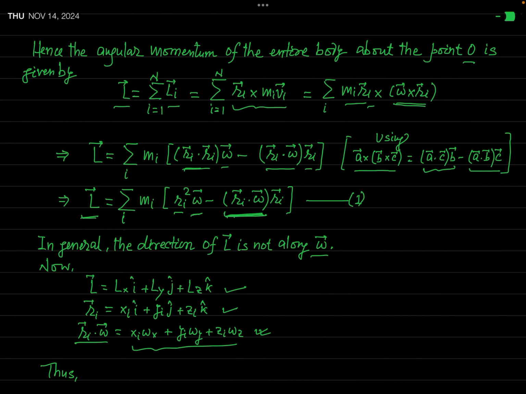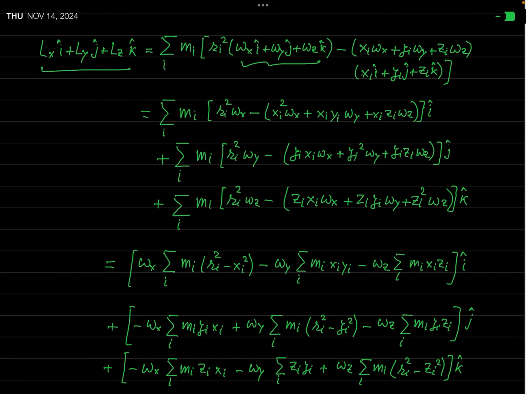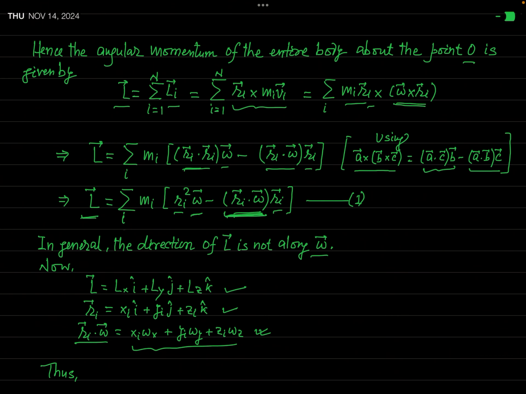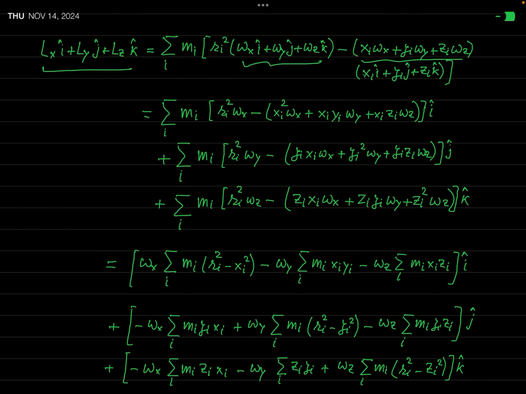Now see, Ri dot omega is equal to xi omega x plus yi omega y plus zi omega z, as you have seen just now, and times Ri. But Ri is equal to this much, so let us substitute xi i plus yi j plus zi k in place of Ri. Now we will simplify the RHS of this result a little bit to obtain the values of Lx, Ly and Lz. You can simplify it very easily.